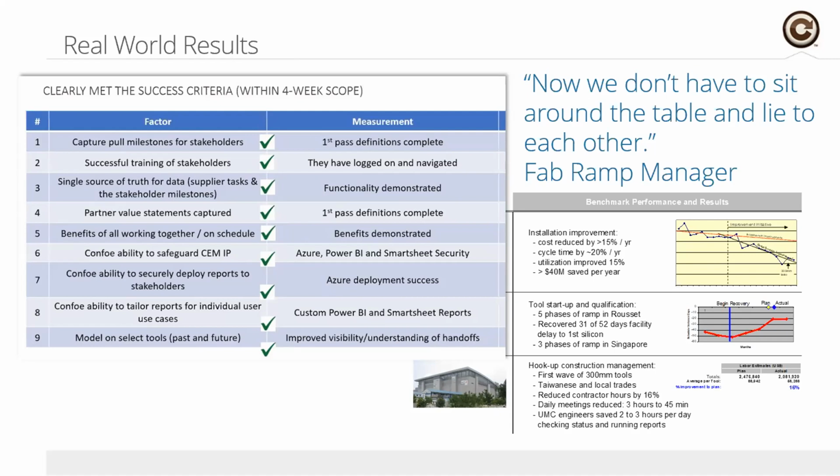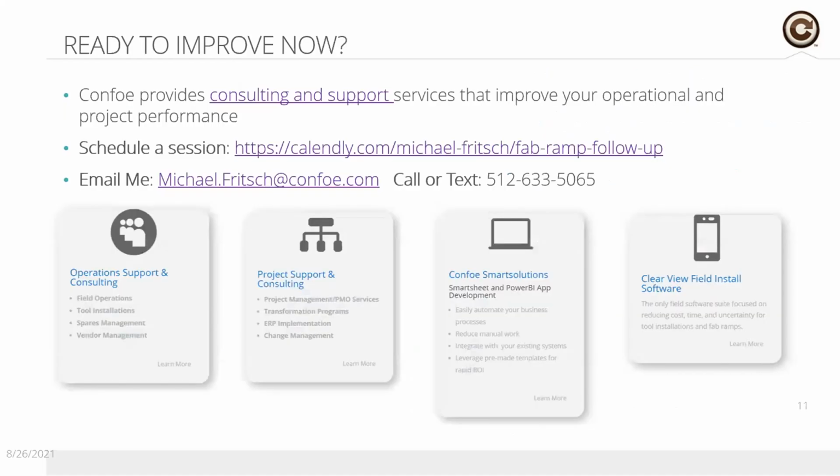And then on the right is where we applied those principles over time in a lot of different wafer fabs and a lot of different installation things, and frankly did it prior to having the power of Smartsheet and the power of Power BI, and it was a lot more work to make this stuff happen. So with the tools that we have today, it makes it easier to get some of those great results and put them in place a little more quickly.